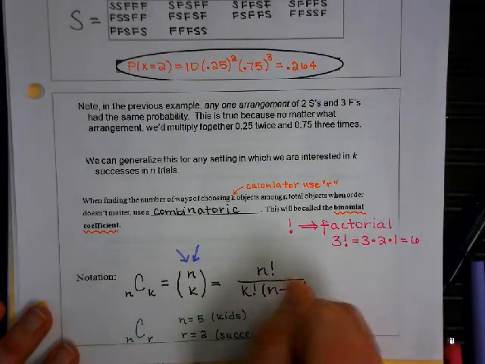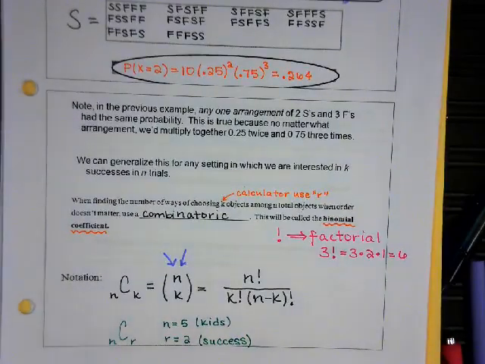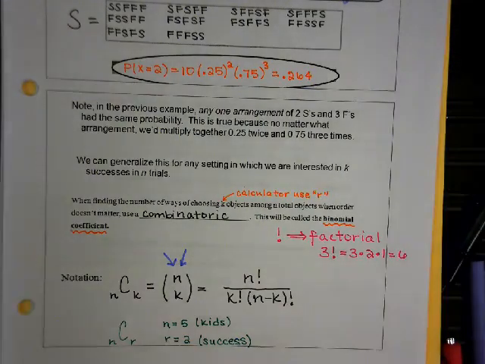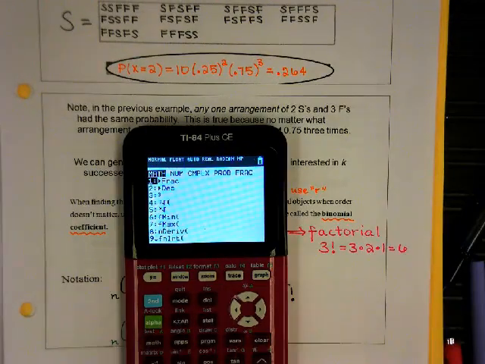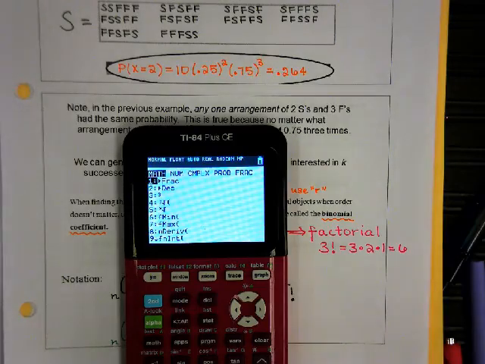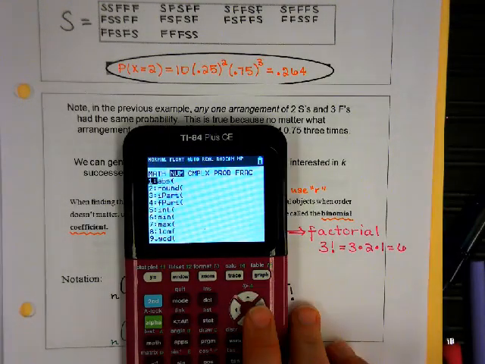Everybody okay if I cover up what I wrote with my calculator? All right, you're going to go into math. And you're going to go over to prob, and it's number 3. And right below number 3 is the exclamation mark, the factorial.